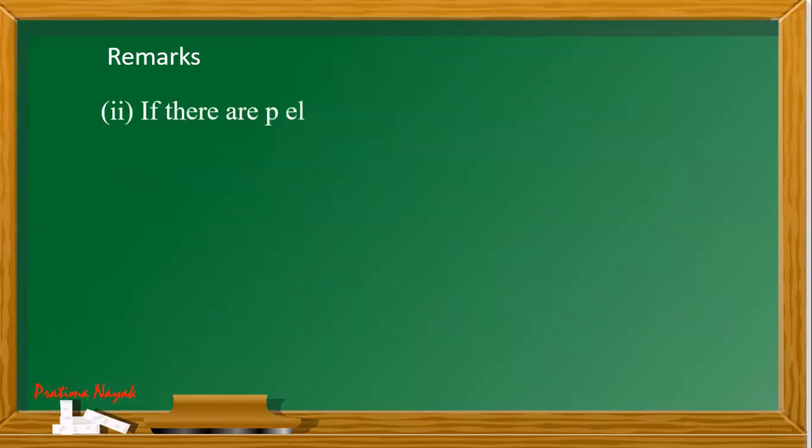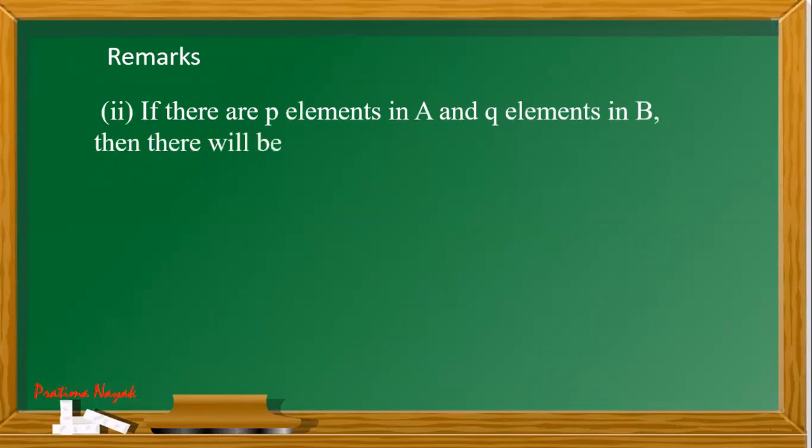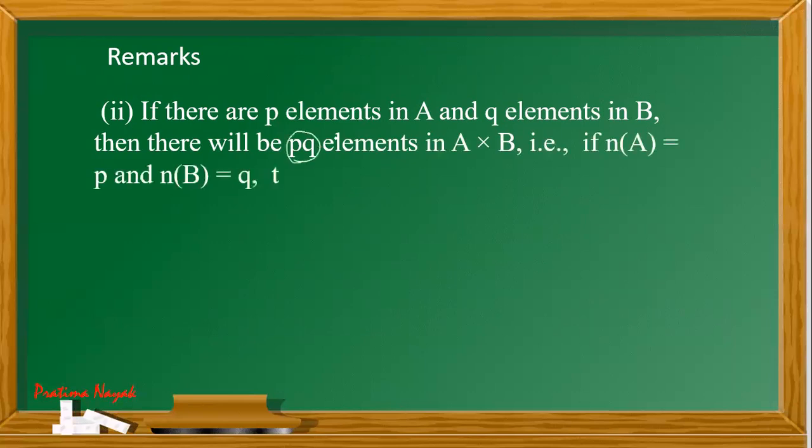Second, if there are P elements in set A and Q elements in set B, then there will be PQ elements in A cross B. We have already discussed this.